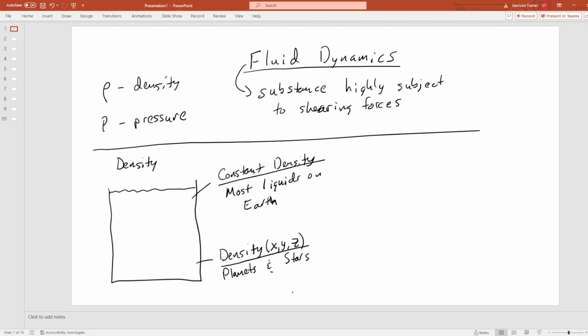And this actually plays a fundamental role in both planets and stars, particularly things like earthquakes and starquakes, which are particularly affected by the density distribution of the material throughout the body. Okay, for most of our purposes, we're going to work with this constant density regime.